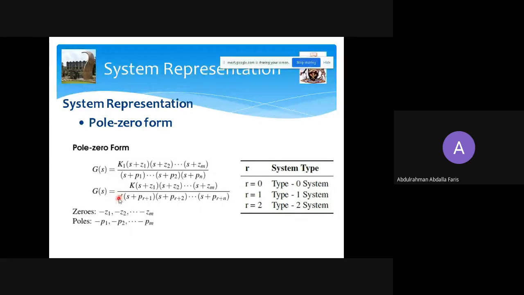So if you have a system factored into this pole zero form, and r is just 0, then we call that system a type 0 system. If we have 1, then this will just be s to the power of 1, so it's just s, and we say that is a type 1 system, until we have r equal to 2, then we say that is a type 2 system.